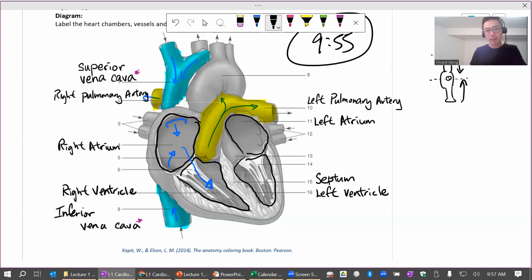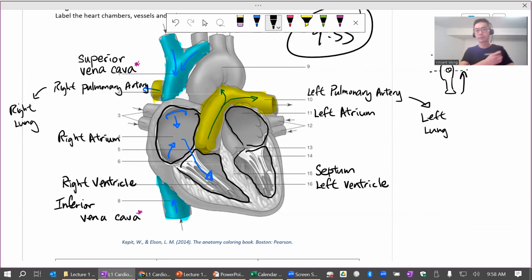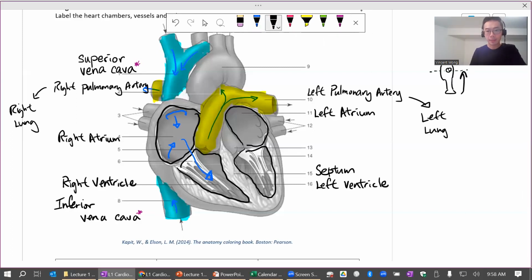This one takes the blood to the left lung, and this one will take it to the right lung, for reoxygenation, for picking up oxygen. Then it will return to the heart through the left pulmonary vein.